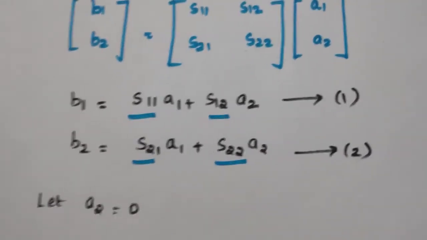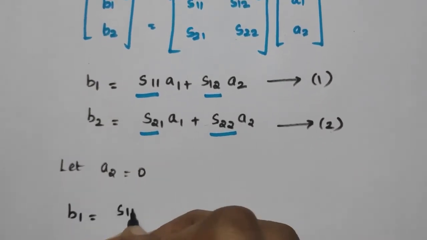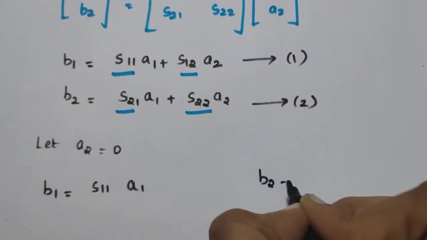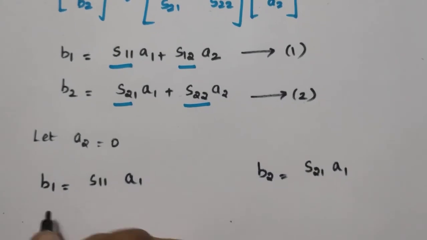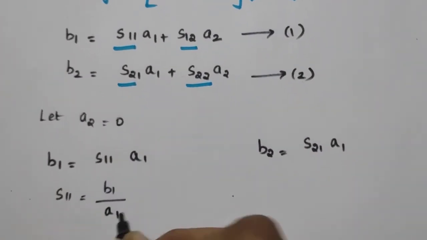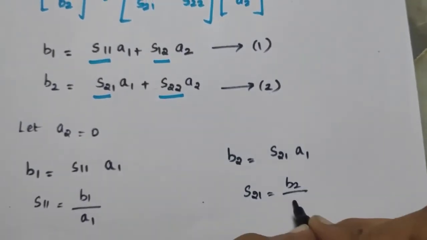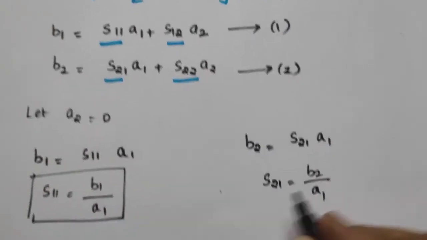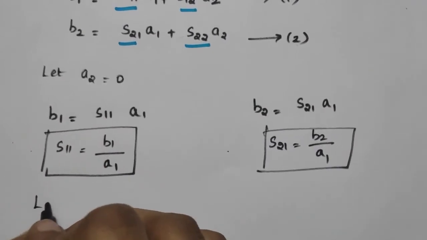So when we substitute A2 to be 0, equation 1 becomes B1 is equal to S11 into A1, and equation 2 becomes B2 is equal to S21 into A1. So we get S11 is equal to B1 divided by A1, and S21 is equal to B2 divided by A1. So this is the value of S11 and this is the value of S21. Now let us assume the reverse way.